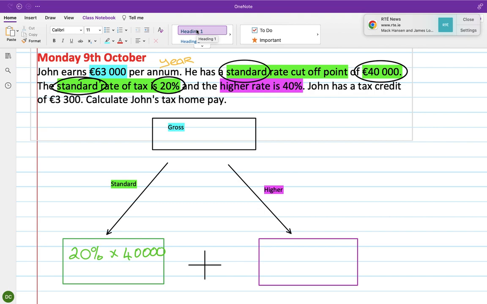So, the greens go together and then we have to actually do the calculation. If you have the older calculators, there is a percent button. So you can type 20 and then press, I think it's shift and the answer button, and that will give you a percent, and then you multiply by 40,000.